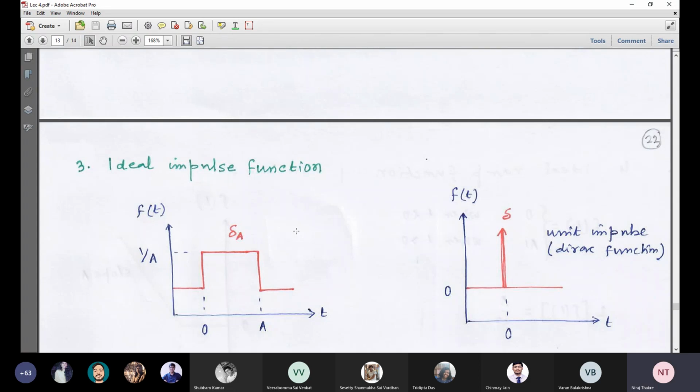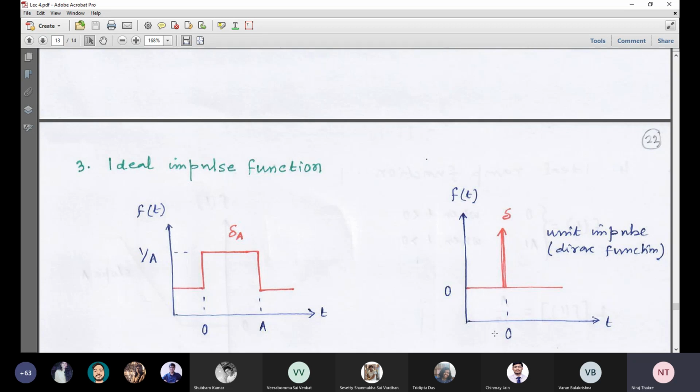First, the unit impulse function is shown here, which is also called the Dirac function. So you draw both the figures. I mentioned that the unit pulse function we are representing by del suffix a.